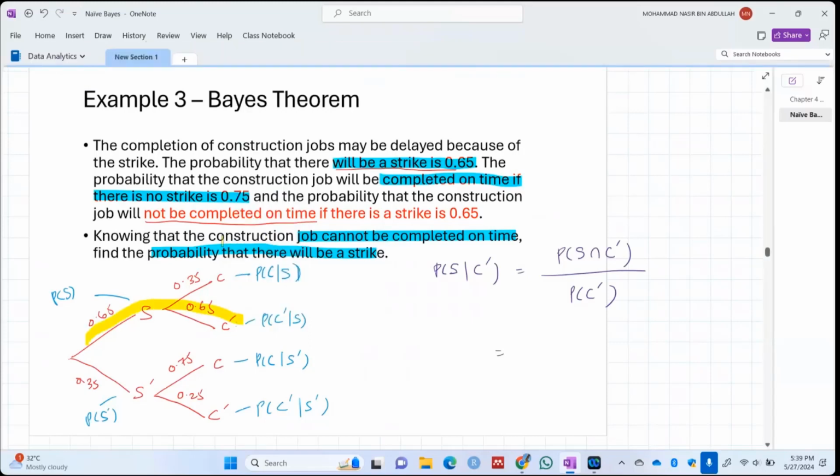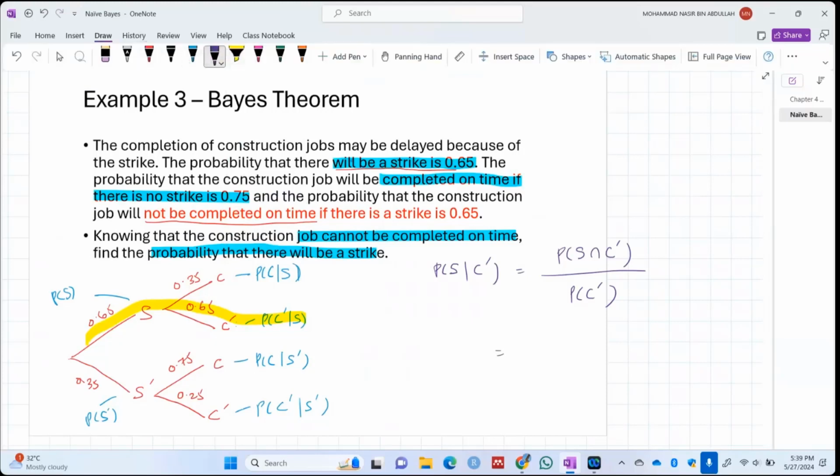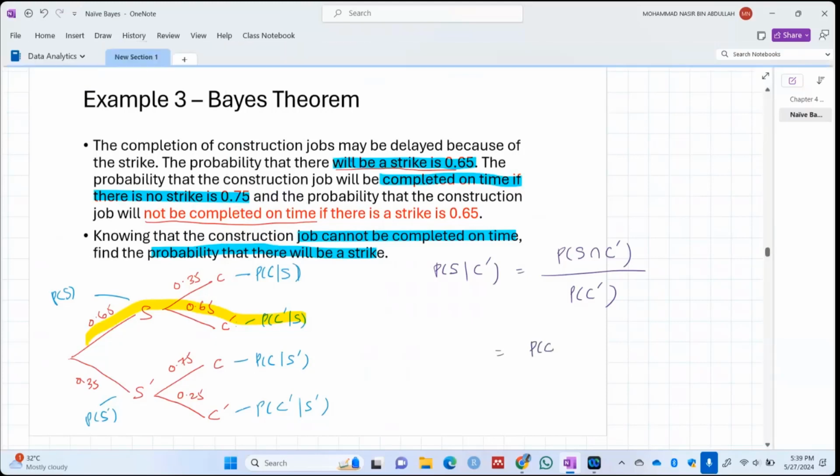So the probability of S intersect C complement is the probability of C complement given S multiplied by the probability of S, divided by the probability of C complement. We know that C complement occurs in strike and no strike.